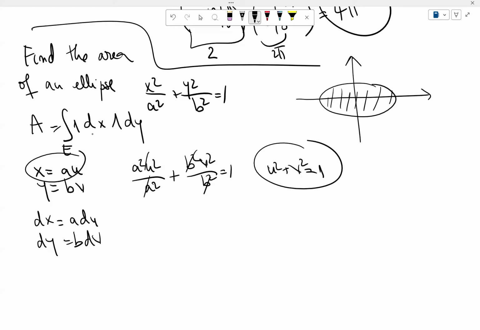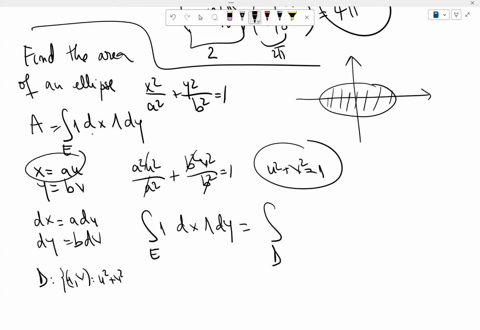So what will be the integral over the ellipse of 1 dx wedge dy? This is the integral over the domain D, where D is given by u and v such that u squared plus v squared is less than or equal to 1, of dx, that's a du, wedge dy, that's b dv.